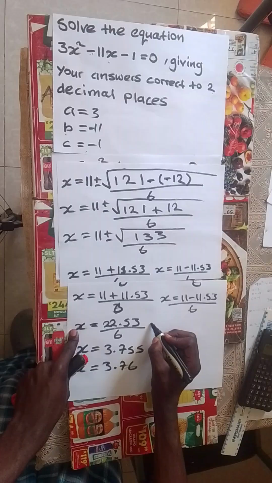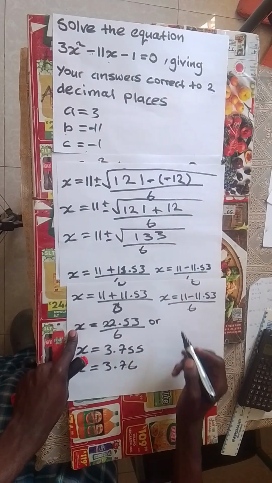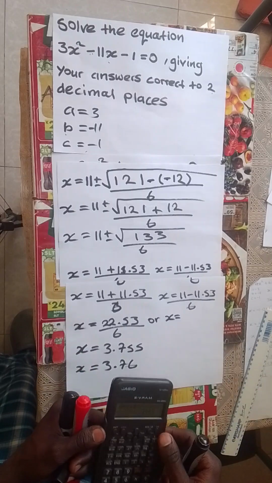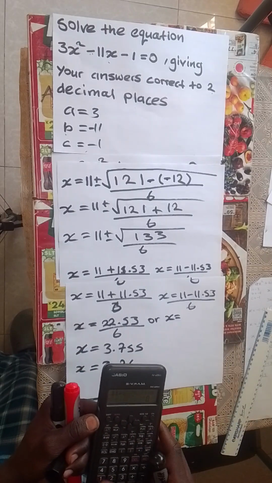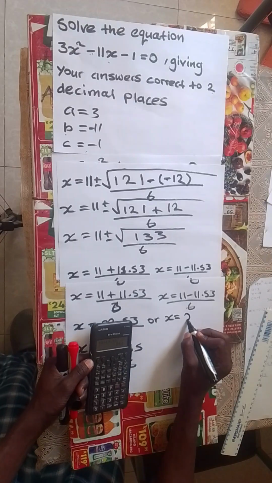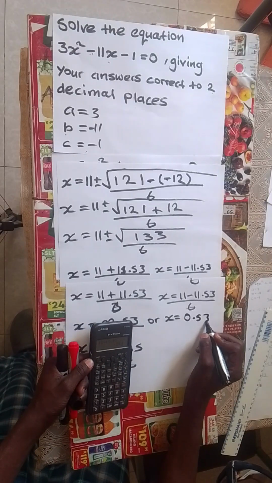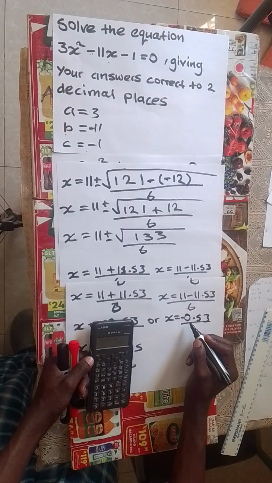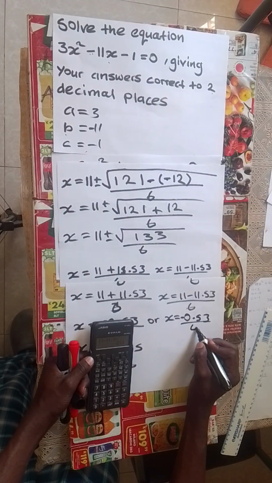So I'll go here now. 11 minus 11.53. I am getting a negative 0.53, sorry. So negative 0.53 divided by 6.